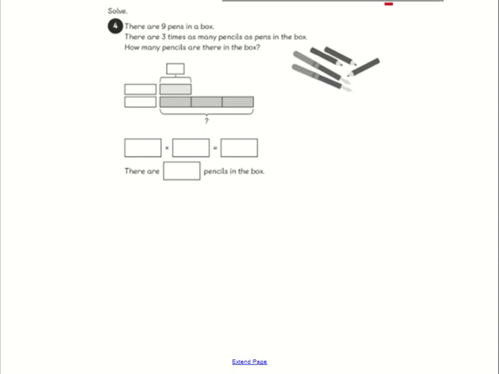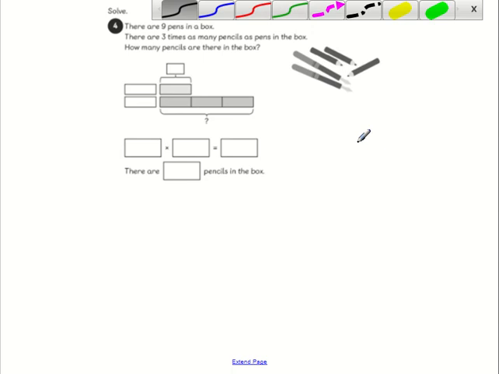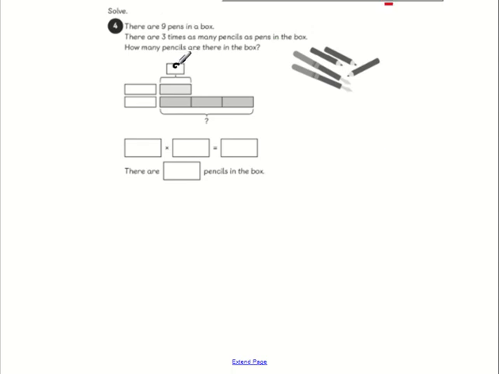Okay, well done. So hopefully you've managed to work out that if there are 9 pens in the box, and this is going to be pens, then there are 3 times as many pencils.